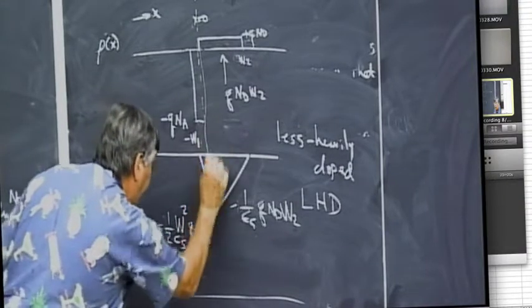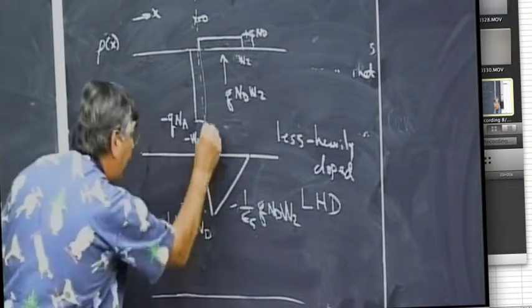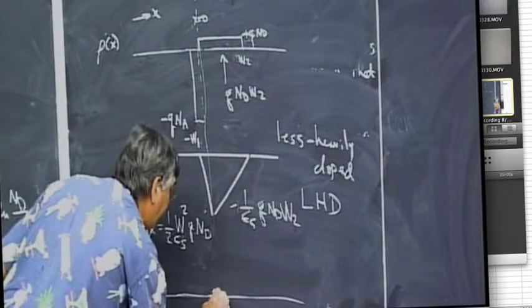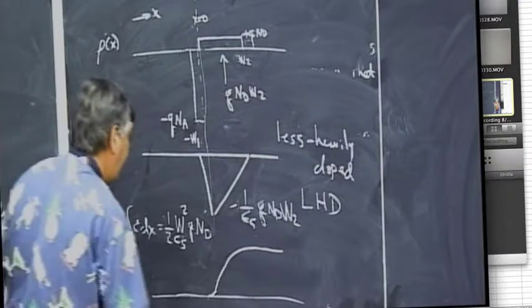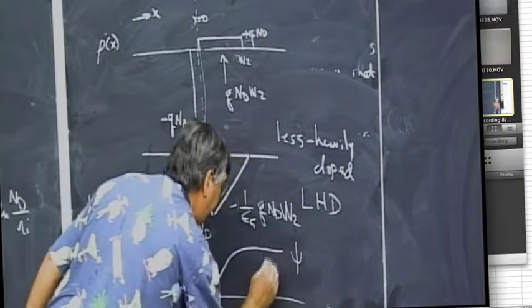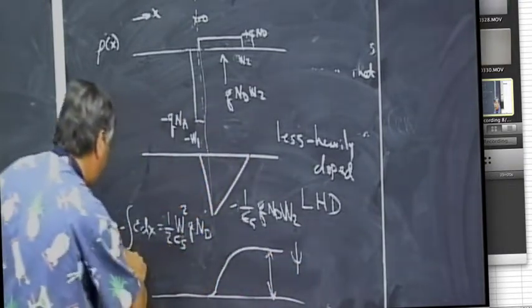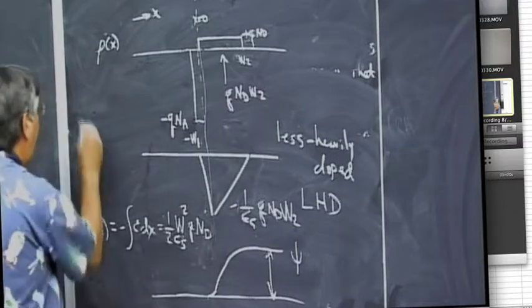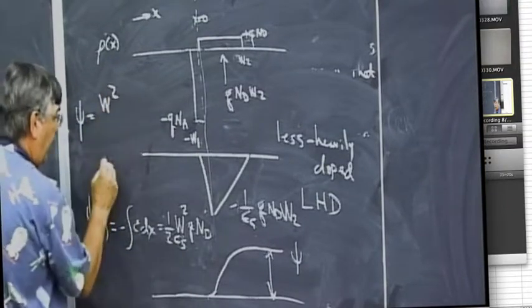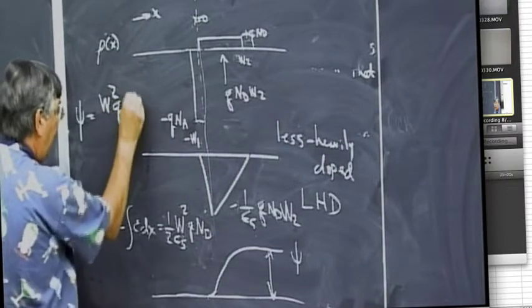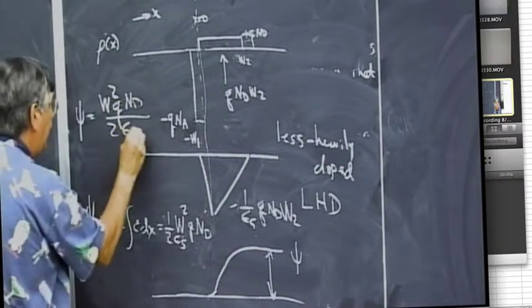So the total voltage across this thing, it's a parabola curving upwards, but then it's a parabola shooting downwards and coming down like that. And this is the potential, and this distance is the built-in potential. And this phi is W squared, the width squared, times q ND divided by 2 epsilon s.